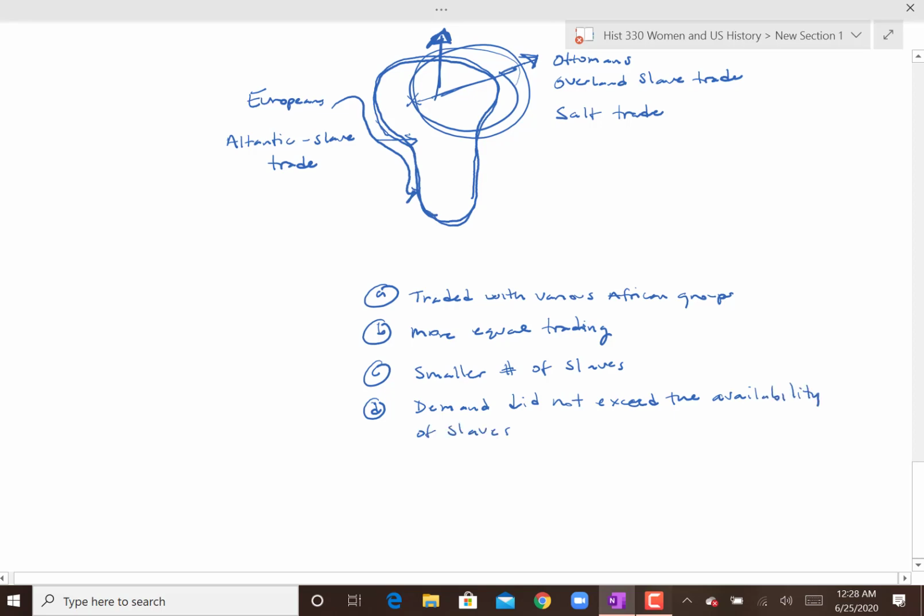So the importance of these things is that, because of them, it does not fundamentally change the structure of Africa, whereas we'll see with the Europeans and the Atlantic slave trade, it's going to.